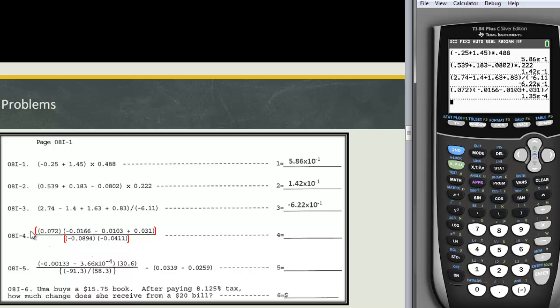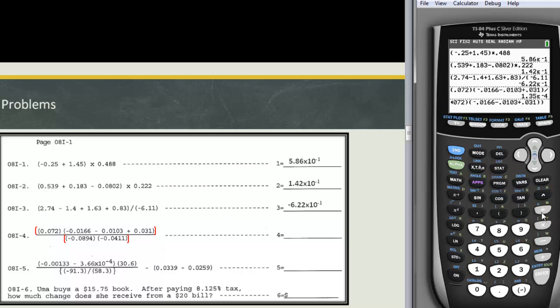So that red parenthesis was not there, but in my mind I still need two parentheses, 0.072, close, open, negative 0.0166 minus 0.0103 plus 0.031, and I do have that black parenthesis to close it, but I'm telling myself I need to solve everything on top, so close the top also.